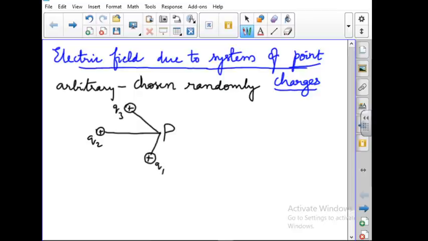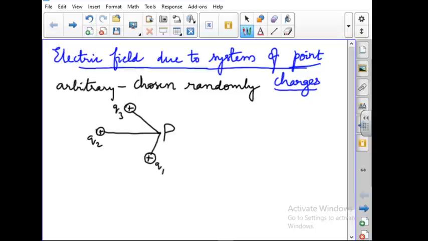So let us consider a system of charges, and we are going to calculate the electric field at the point P due to this system of charges. So what may be the resultant electric field? The resultant electric field at the point P is equal to the vector sum of the individual electric fields produced by the individual point charges.